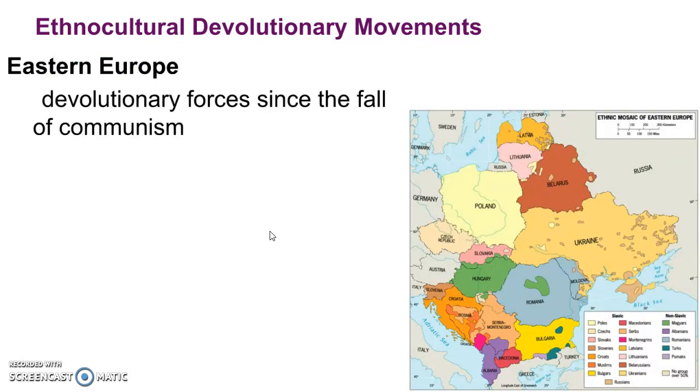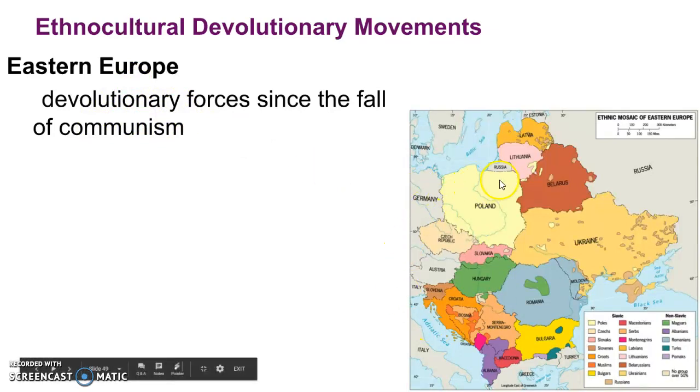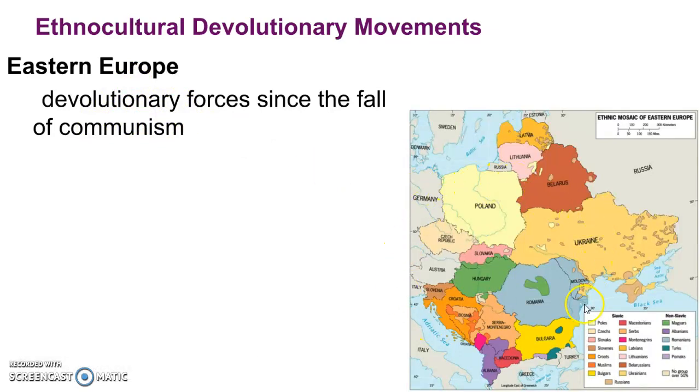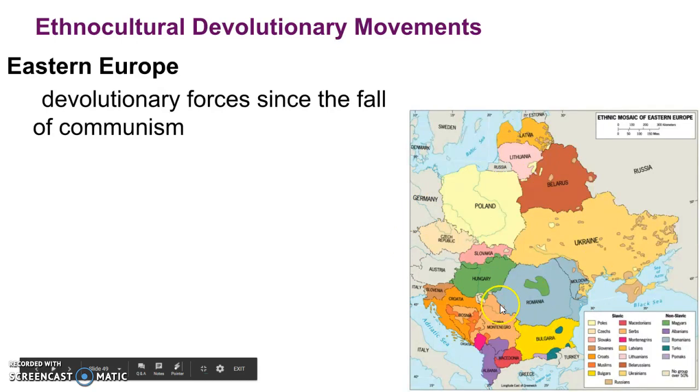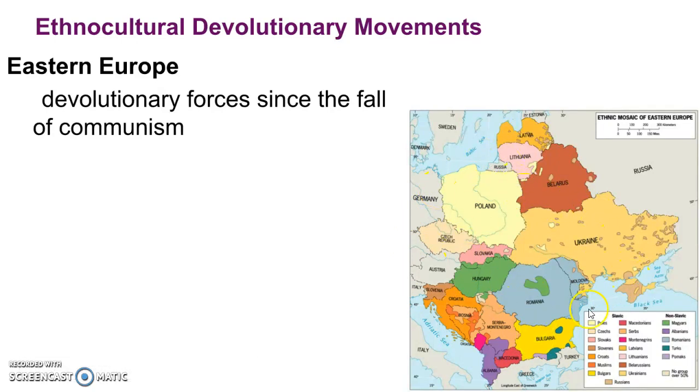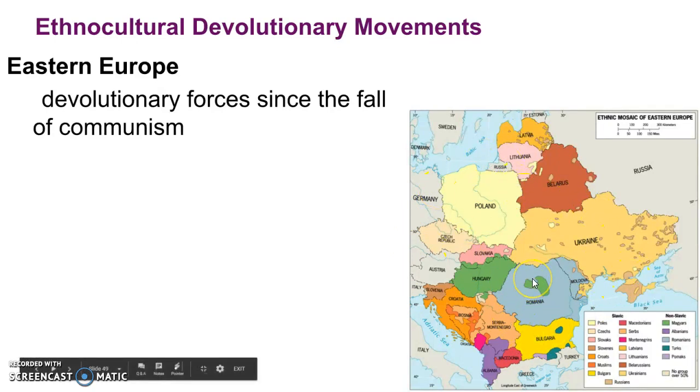Ethnocultural devolutionary movements in Eastern Europe. When communism falls, there's going to be a lot of devolutionary forces here, just breaking into these individual states. So you see, once communism falls, we're going to have a whole bunch of independent areas here.